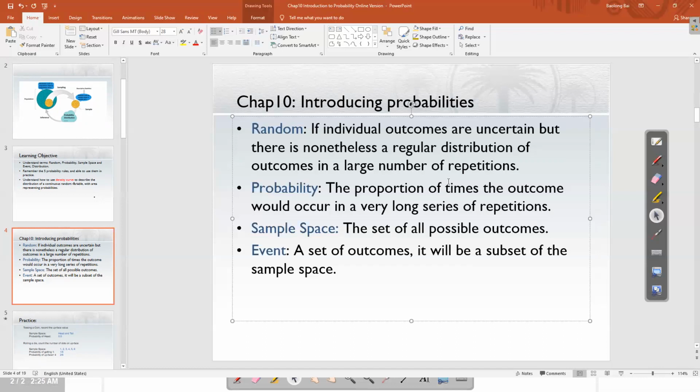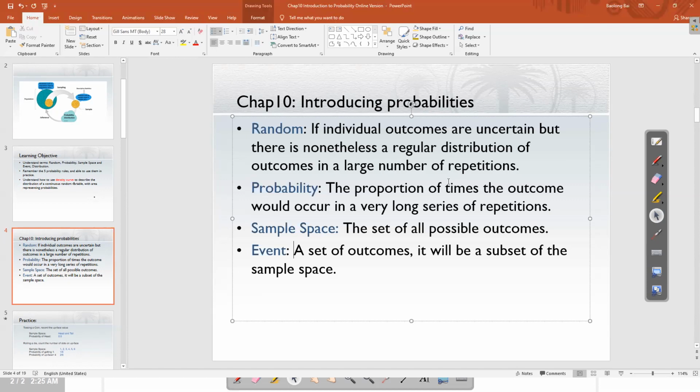For example, you toss a fair coin. It has a head and has a tail, right? When you toss the coin, before the coin lands, you're uncertain about what's going to happen. It could fall on head, it could fall on tail, right? We don't know what's going to happen.